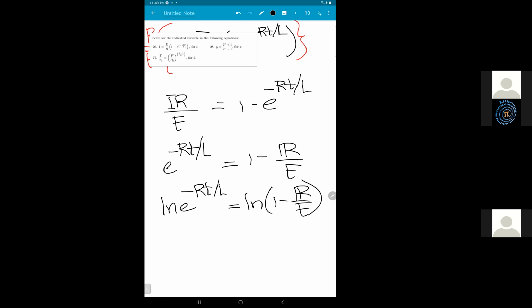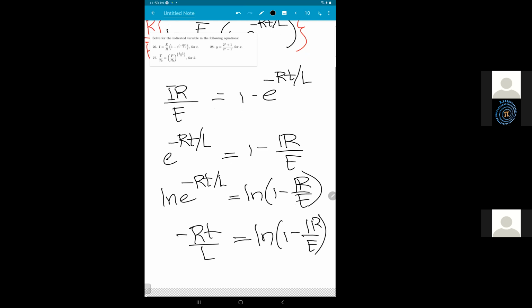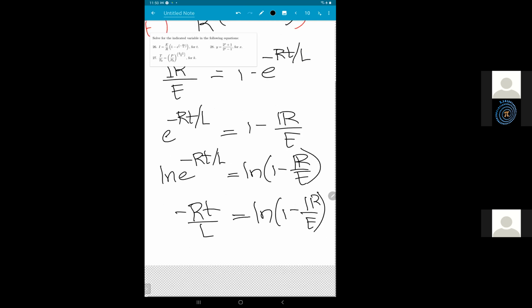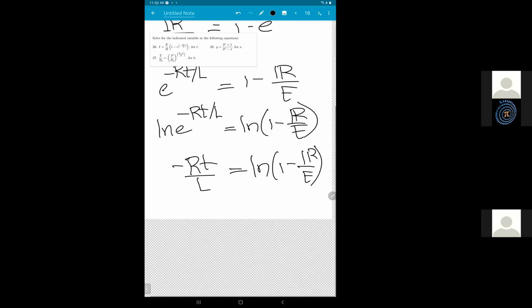Okay, now remember the identity ln e to the x is equal to x. Ln and e are inverse functions. So the left-hand side just becomes negative RT over L. And then you solve for t by cross multiplication, you're done.